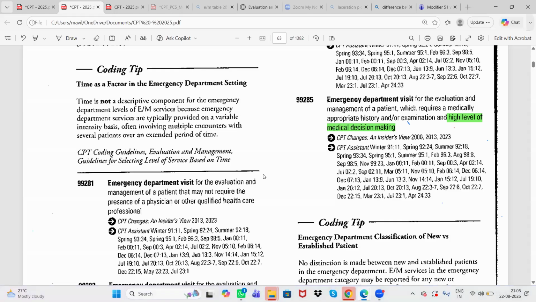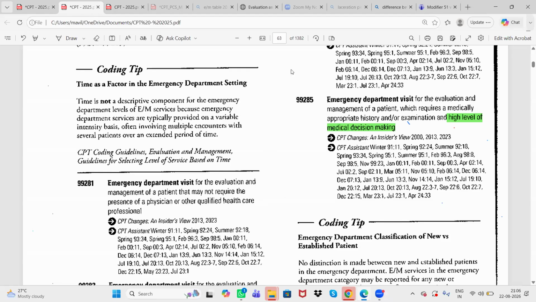A new patient is a first-visit patient, and an established patient is a second-visit patient, a follow-up patient, like one who was seen before.